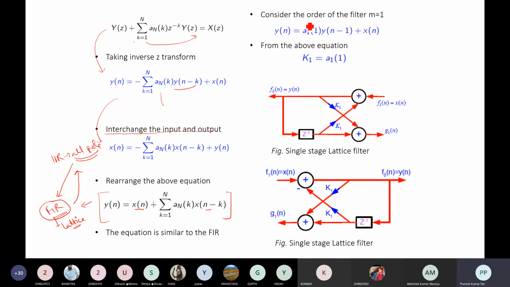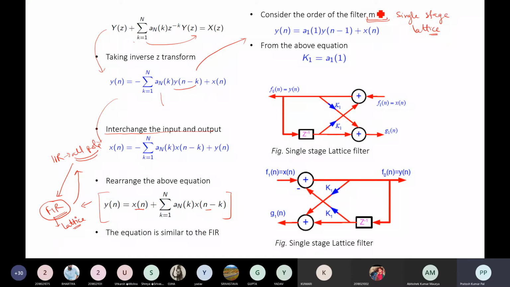Okay, so suppose we are considering only a first order system, that means we are going for a single stage lattice realization. In that case, this is the expression. It could be given by y of n is equal to a constant, a1 of 1, that is for n equals 1.